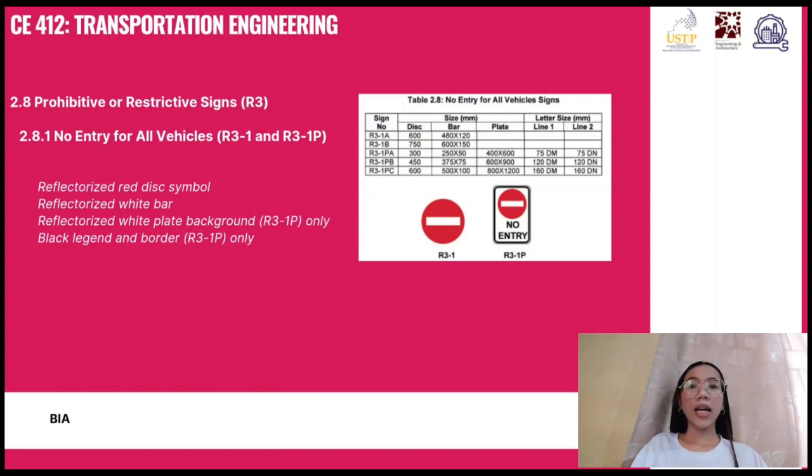So for the R3-1P version, kani siya nga sign kay gi-includes words and uses a white background with black text and border. Para kani siya nga message kay to make it clearer bitaw sa mga drivers.